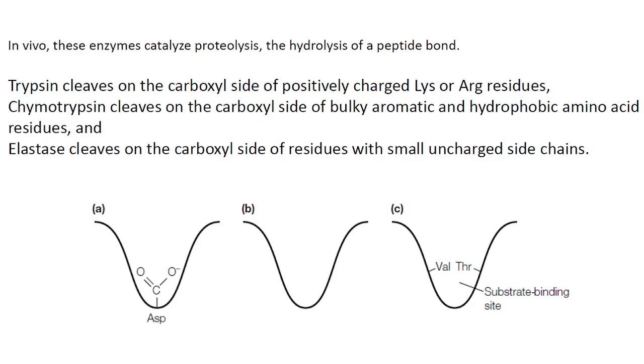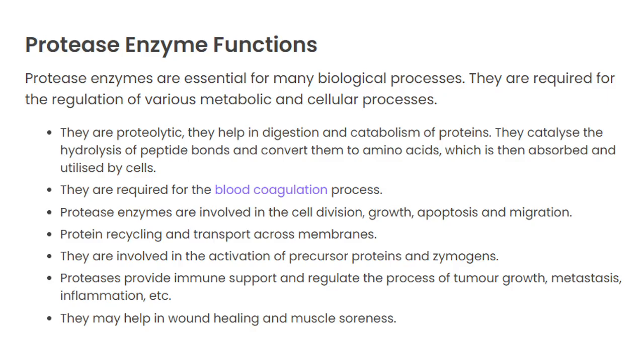Now, chymotrypsin cleaves on the carboxyl side of bulky aromatic and hydrophobic amino acid residues. Then you have elastase that cleaves on the carboxyl side of residues with small uncharged side chains. Protease enzyme functions are also very important and essential in many biological processes because they are involved in the regulation of various metabolic and cellular processes.